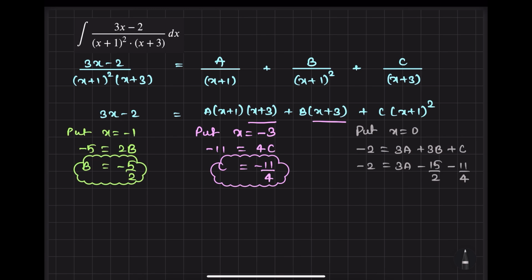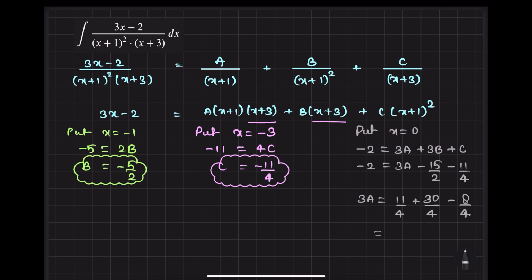So can I write 3a equals 11 by 4 that side plus 15 by 2. So I'll make it 4, so it will become 30 by 4 and then minus 2. I want to make the denominator 4, so minus of 8 by 4.